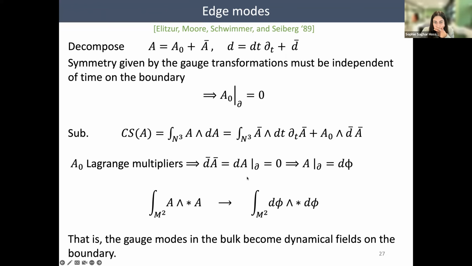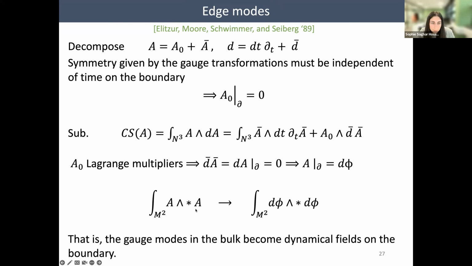So what we see is that under the variation, dA bar is 0. In other words, the variation of dA must vanish at the boundary. So this means that we can write A as d phi, if A is topologically trivial.